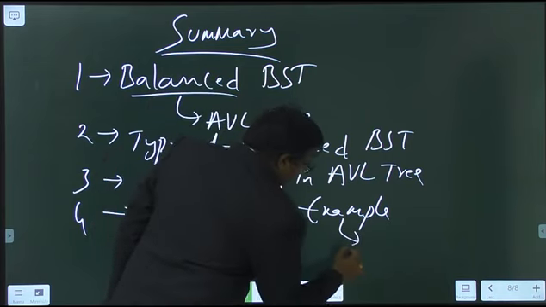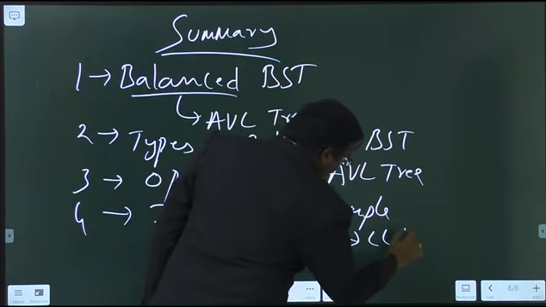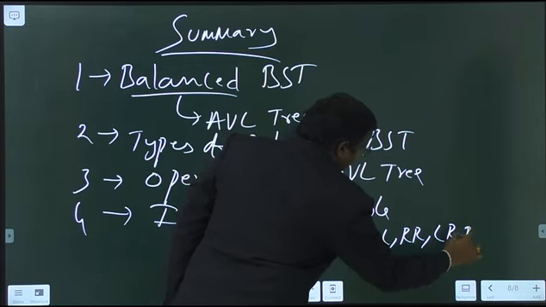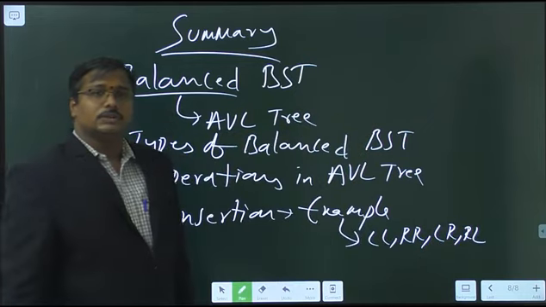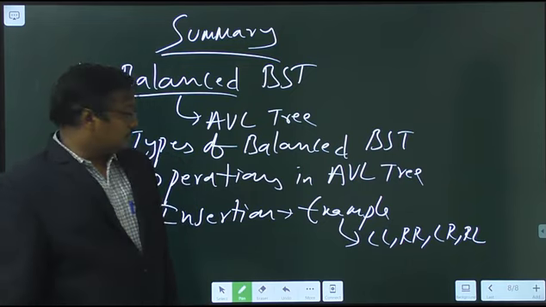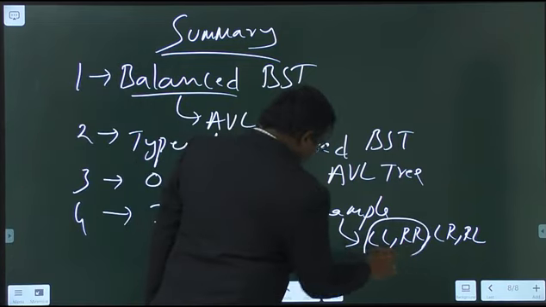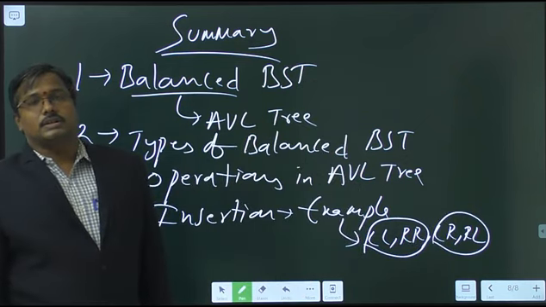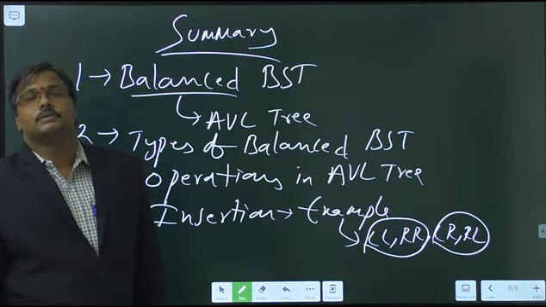After that, I explained 4 different kinds of rotations, that is LL, RR, LR, RL. LL and RR, these 2 are called single rotations. LR and RL, these 2 are called double rotations.